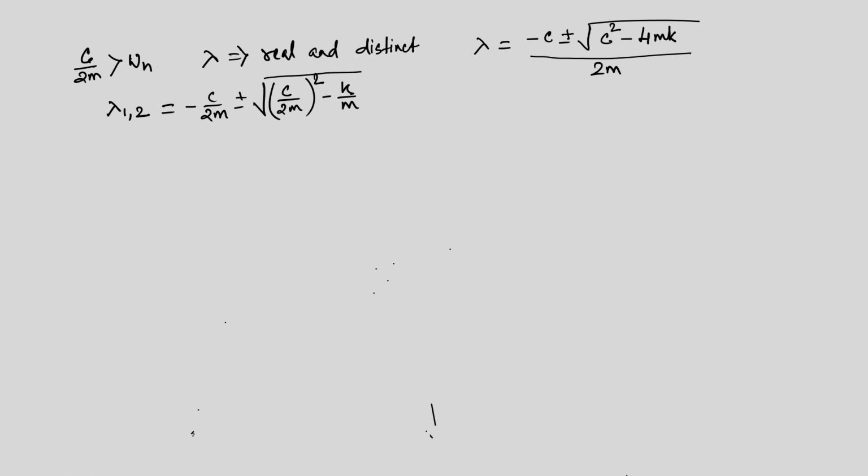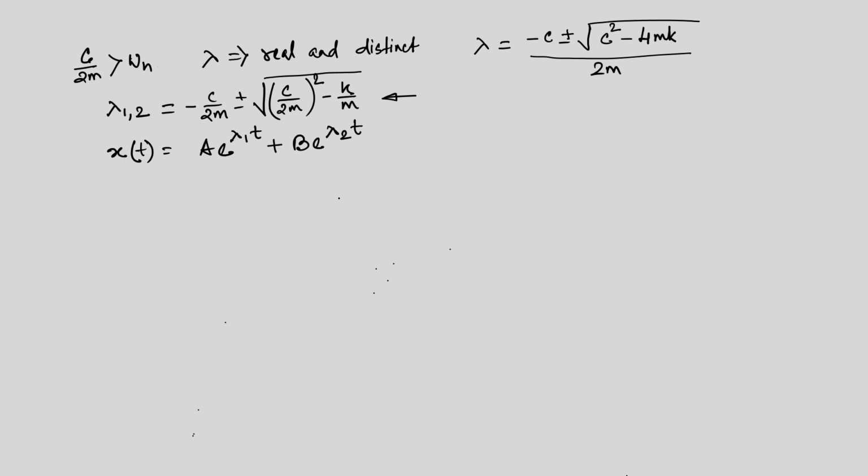Now, if that is the case, then we can write down the solution. So, solution in this case will be x of t will be a e to the power lambda 1 t plus b e to the power lambda 2 t. So, we have lambda 1 and lambda 2 from this expression. Then once we evaluate lambda 1 and lambda 2, we can write down the complementary function.